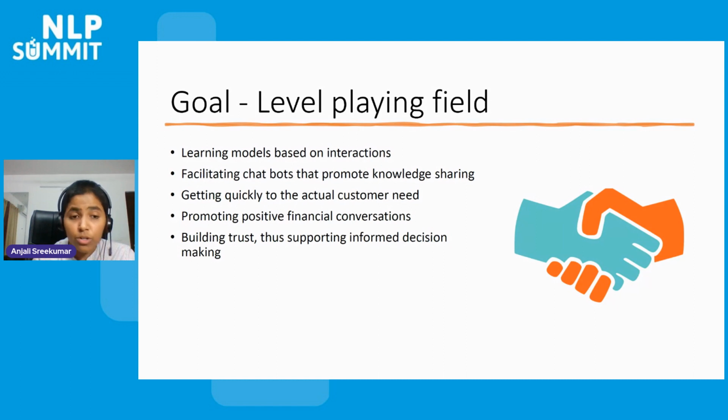That will not just help us get to the customer need more accurately, precisely, and to the point, but also promote positive financial conversations, and provide them feedback as to where they stand in their understanding about, for example, their borrowing capacity, their credit scores, and how they can improve that, building that trust and supporting informed decision making. That's what we want to target.